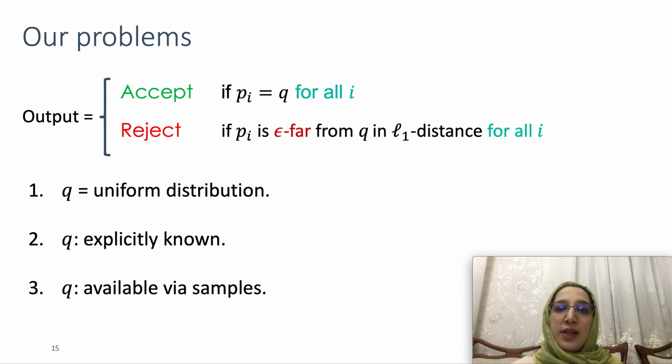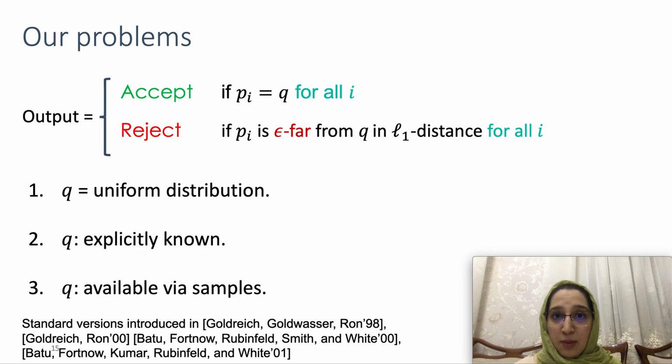The second is when Q is available explicitly to us, so we know the probability of every single element according to Q. And the last one is the case where Q is only available via samples. The standard versions of this problem, where we have only one distribution, have been considered in the literature before, and they are called uniformity testing, identity testing, and closeness testing.